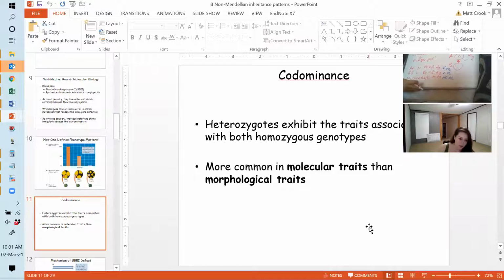So this is two dominant alleles together, and so now what you get is A and B antigens, right? So it'd look like, cartoon style, like that, basically. Both antigens will be present on the surface of the red blood cells.